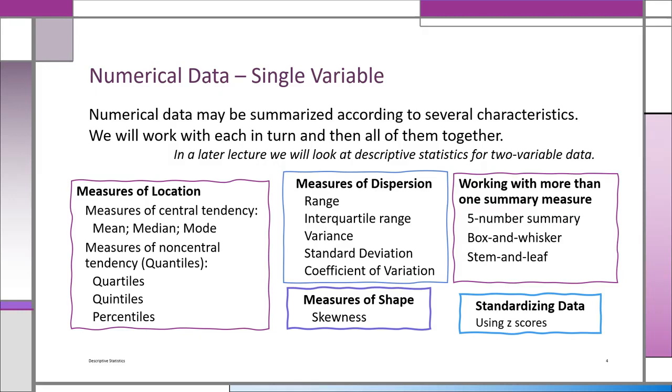Then we're going to look at measures that have to do with how far apart the values are from each other. We're going to look at a bunch of other stuff, measures of shape, how the distribution is distributed. Maybe it has a peak, maybe it's slanted. We're going to look at some ways of summarizing all these measures at once.